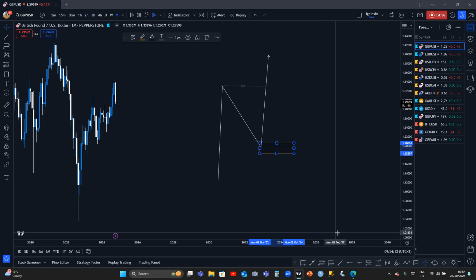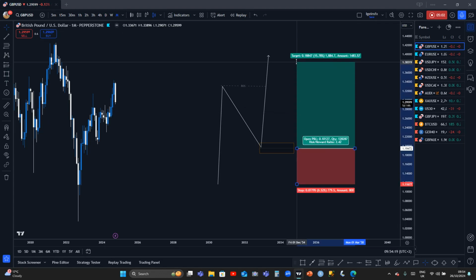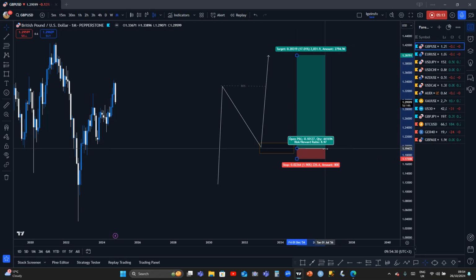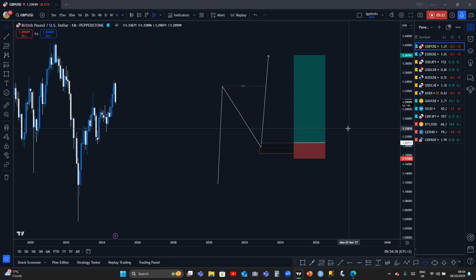What I just need to do is pick my buy tool and place the open a little below this structure. Or I can even place the open like this, a little below this structure.